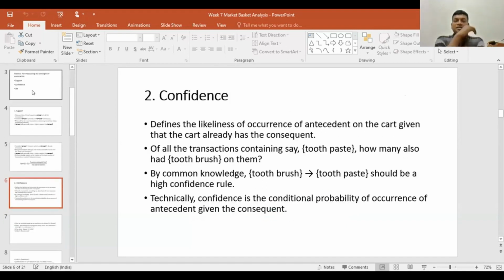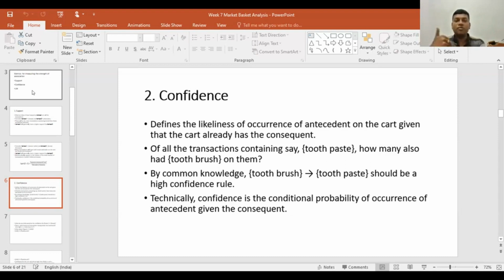Now, the other interesting metric which is used is what is called confidence. Confidence is nothing but the conditional probability. Suppose we consider bread to be the antecedent and milk to be the consequent. Every time you buy bread, you are reminded of buying milk. So we are trying to see, if you have purchased milk, what is the likelihood that you would have purchased bread?